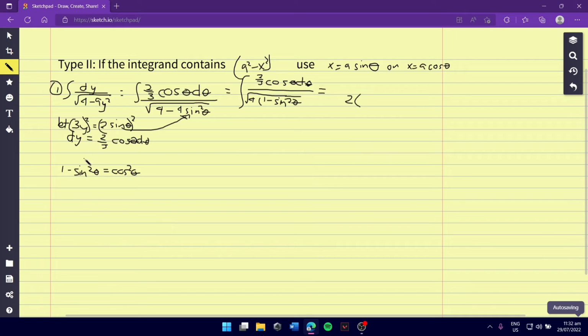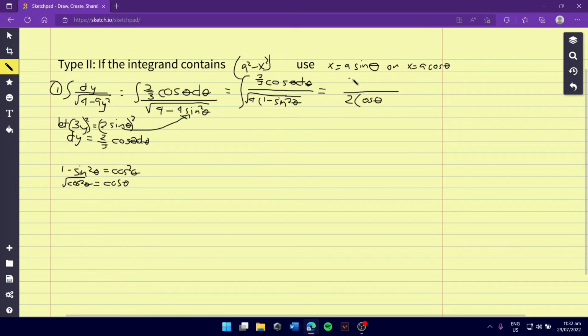Okay, so the square root of cosine squared theta is equal to cosine of theta. So we have now our 2 and then your cosine theta. So the square root of 4 is 2, and the square root of 1 minus sine squared, which is cosine squared, is cosine. So we have your cosine of theta.